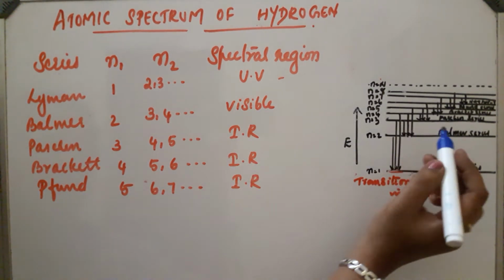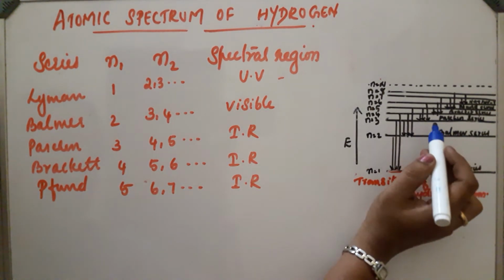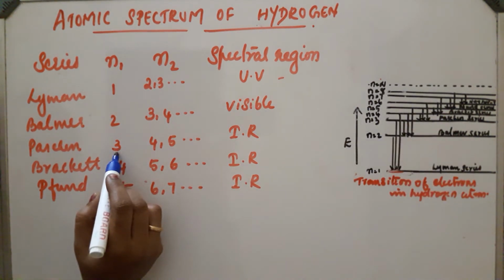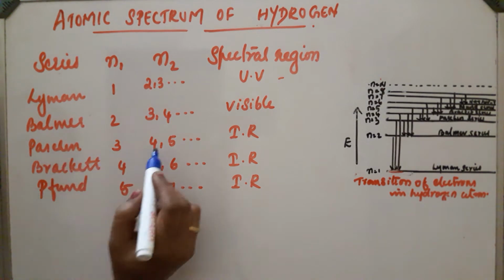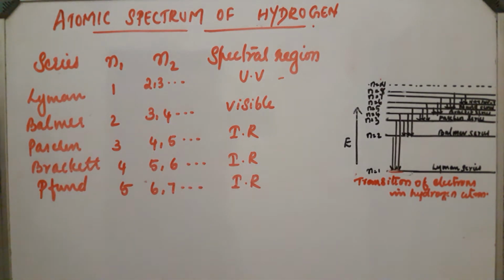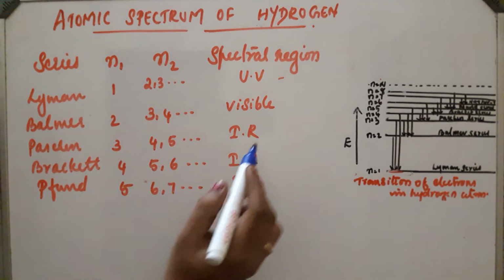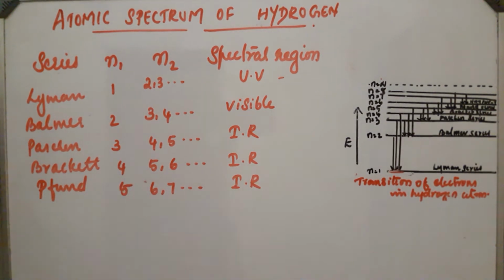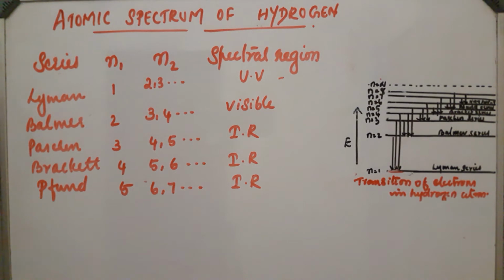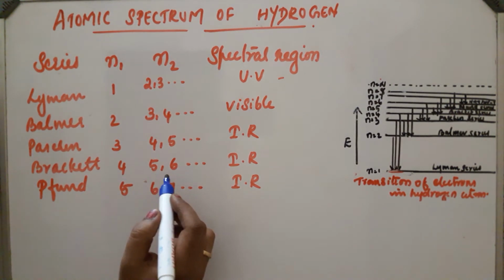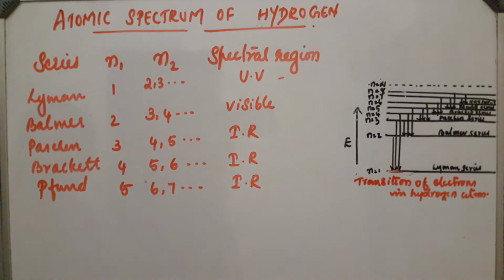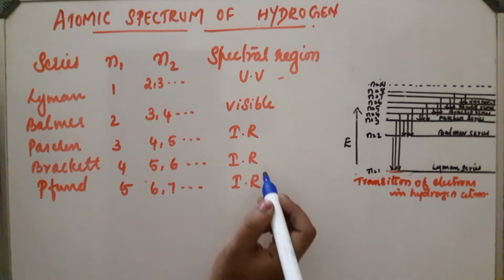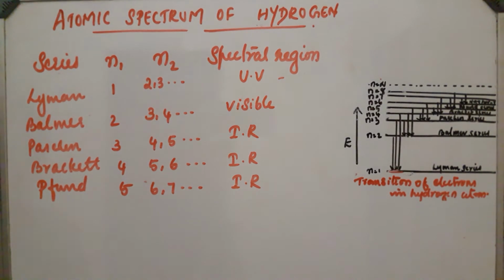Now Brackett: the lower energy level n1 is 4, and from 5, 6, etc. energy levels the transition takes place, and the spectral region is the IR region.